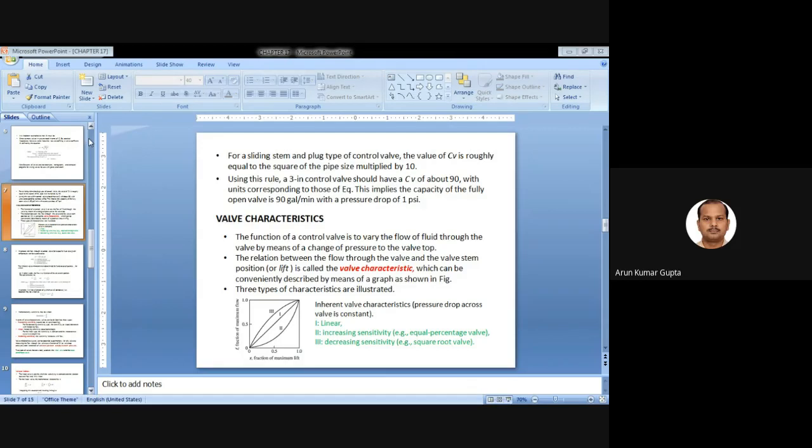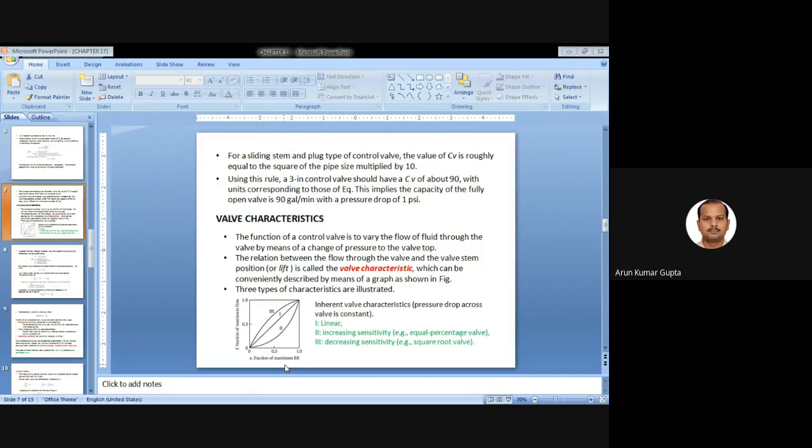Generally, these three types are common: linear, equal percentage, and the square root valve. These are very common from the practical point of view. As we know, if we plot a graph between the fraction of the maximum flow and the fraction of the maximum lift, what is the lift divided by the maximum lift?